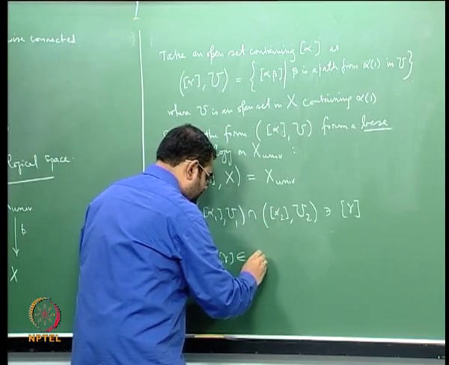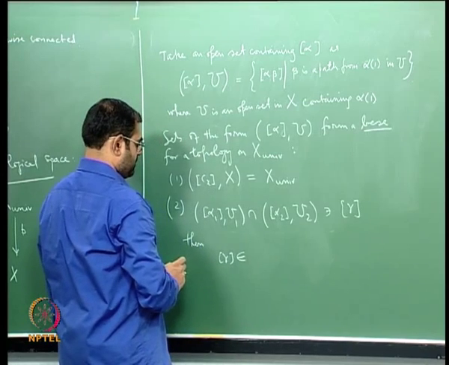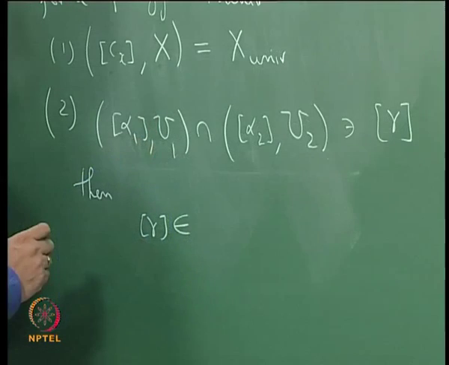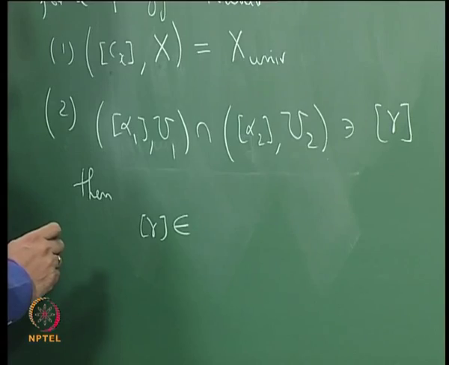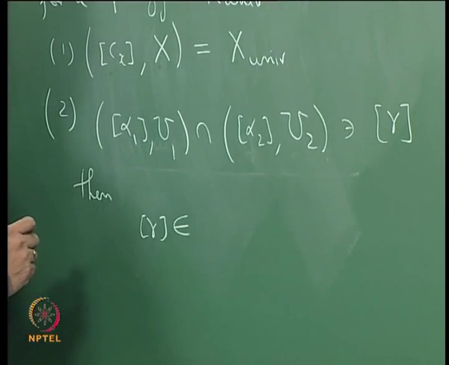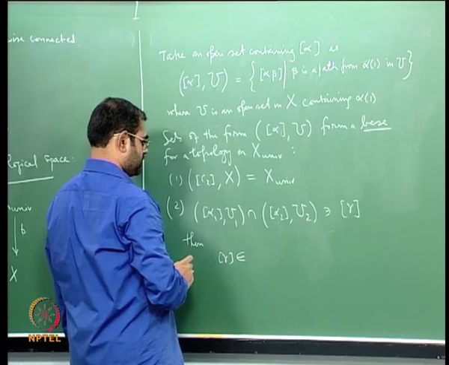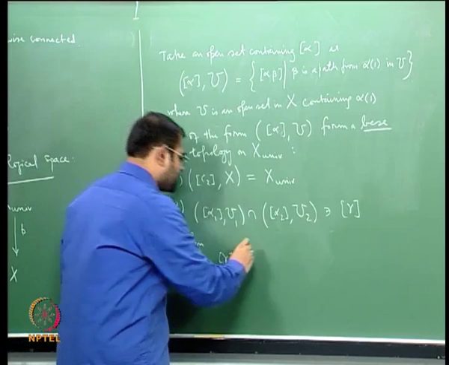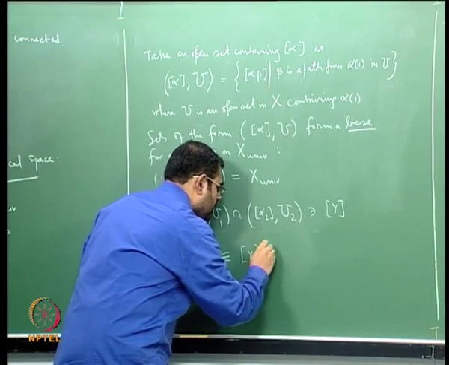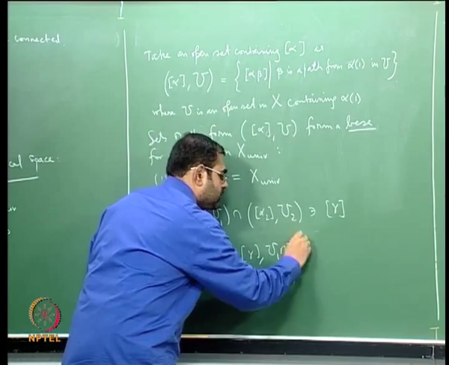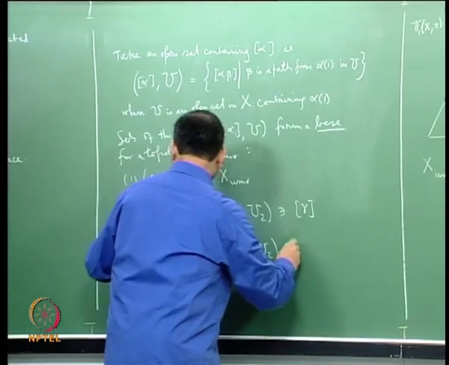namely it is just going to belong to gamma u1 intersection u2, which is going to be contained in this intersection.